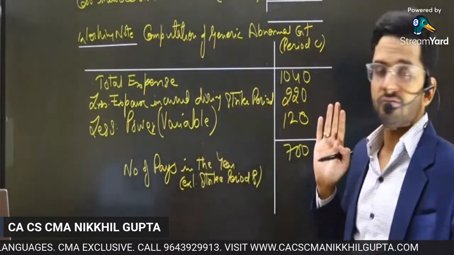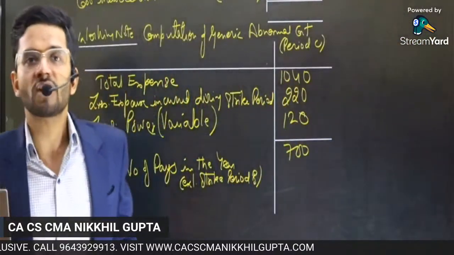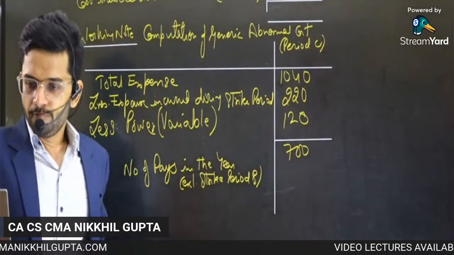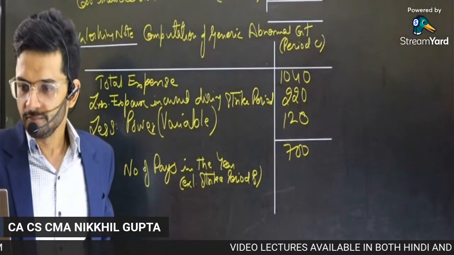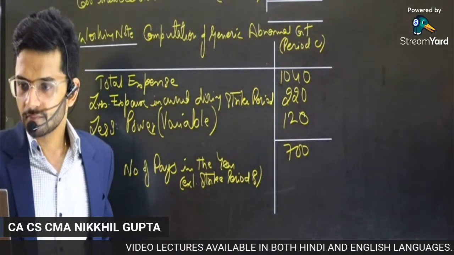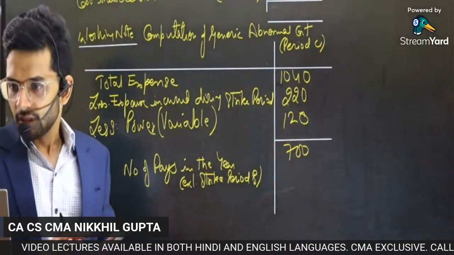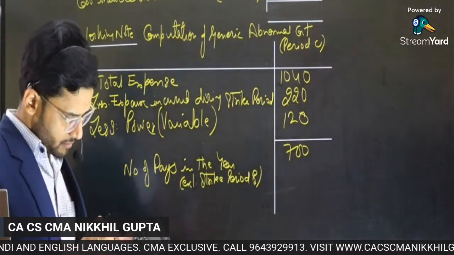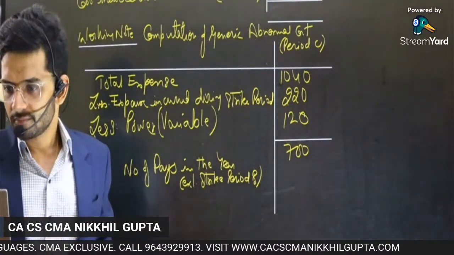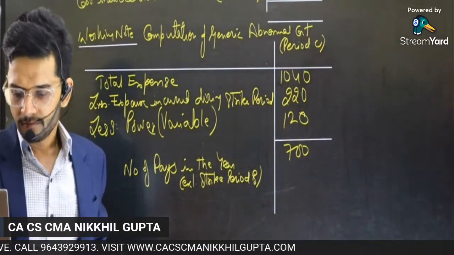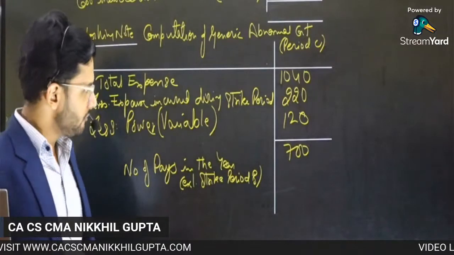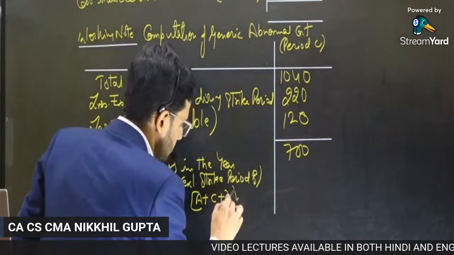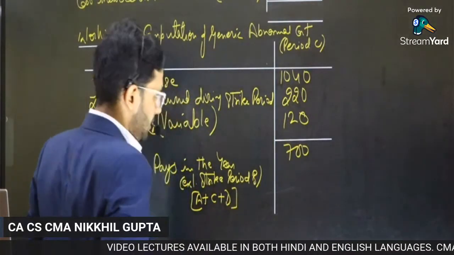So I'm reducing the strike period from the total number of days. 700 is the total number. Now we need to find the total number of days, which means A plus C plus D.